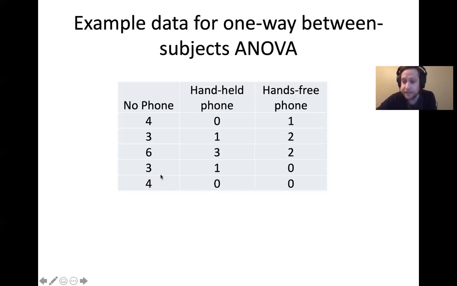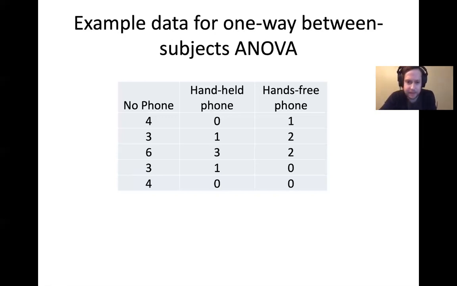And then another t-test to compare these two conditions. And then a third t-test to compare these two conditions right here. So that would be three t-tests if you wanted to do each possible pairwise comparison among these three levels. That would require three t-tests.